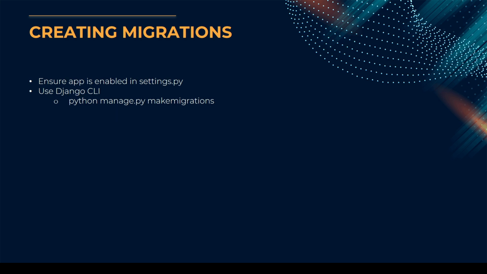It checks the existing database and compares it with your current models and the migrations that already exist. If you have made any changes to your models, like adding a new model or modifying an existing one, Django will create a new migration file to reflect those changes. If it's the first time you are running make migrations, Django will generate an initial migration file which sets up the database based on your current model definitions.